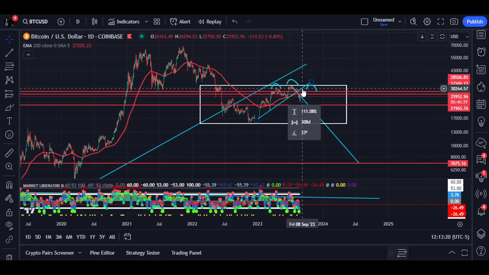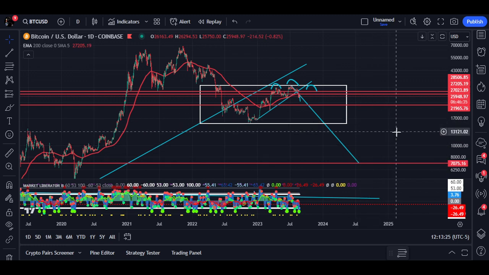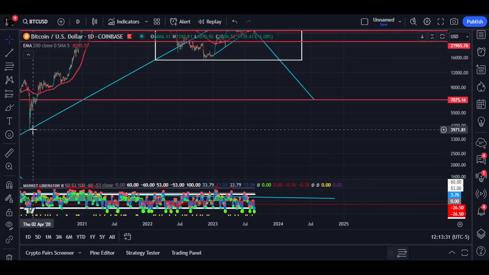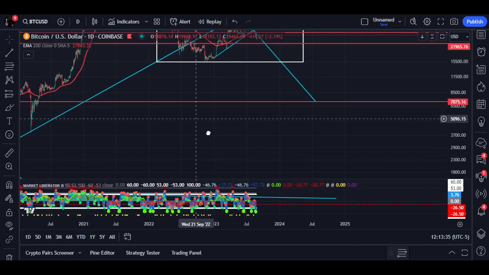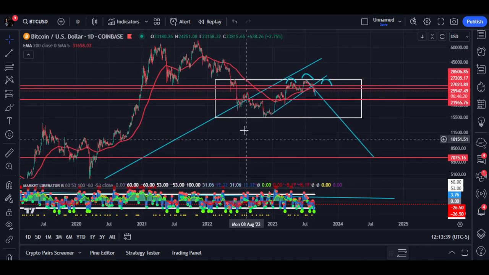A, B, C, that's 3 waves. 4 waves. Oh, shoot. Break the low. And finally, go into the first bear market that Bitcoin has ever seen.